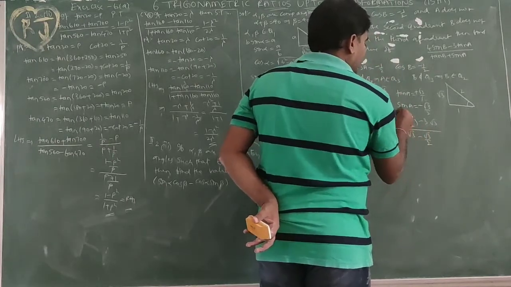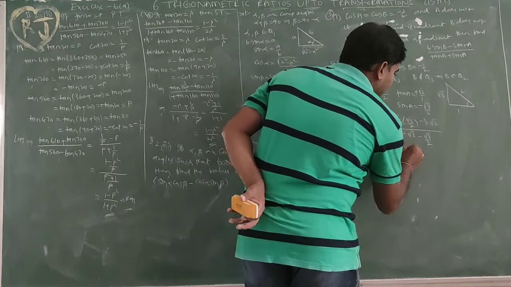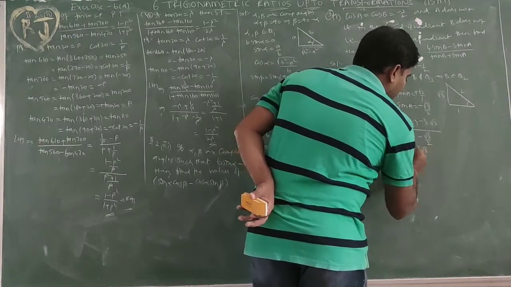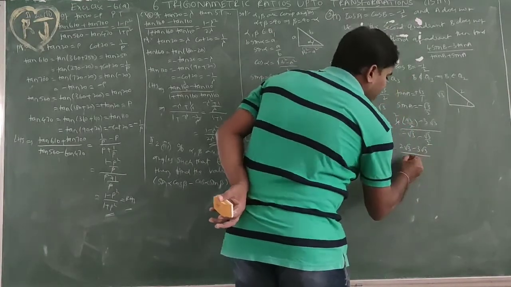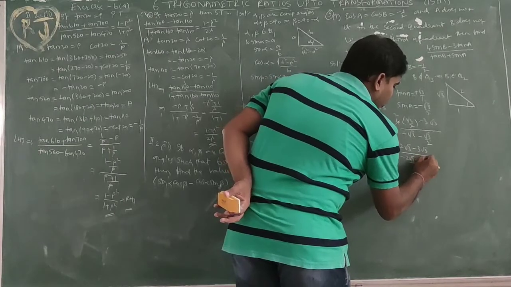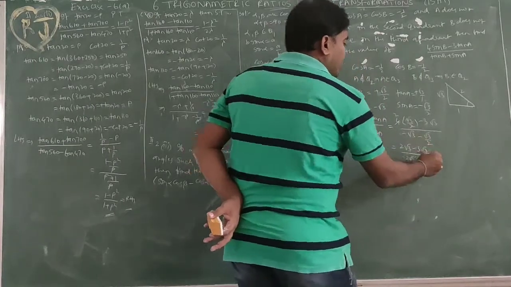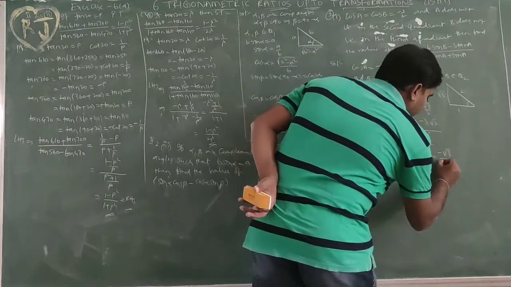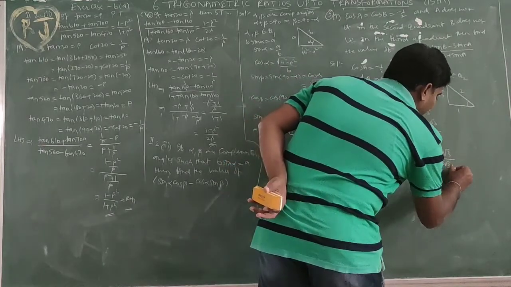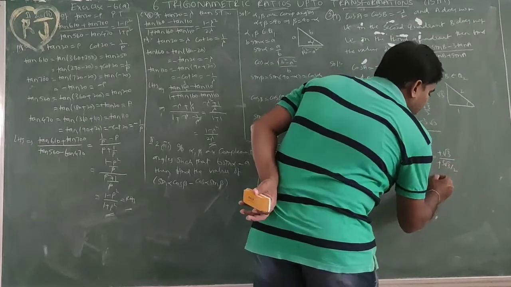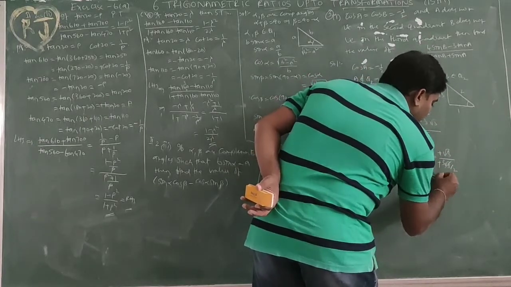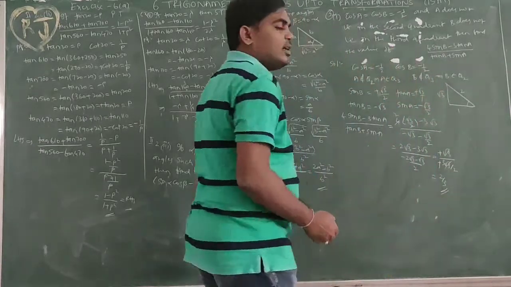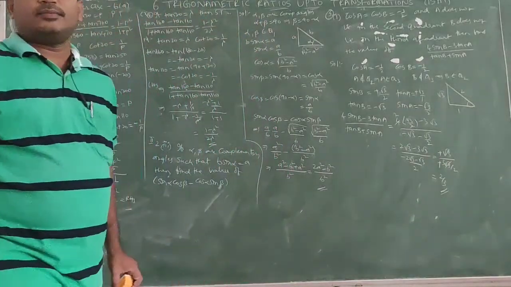That is 2 root 3 minus 3 root 3 by LCM 2, giving 2 root 3 minus 3 root 3, over minus root 3 minus root 3 by 2, which is minus 3 root 3 by 2. The root 3 cancels, and the 2 cancels, giving 2 by 3. So this is the required result.